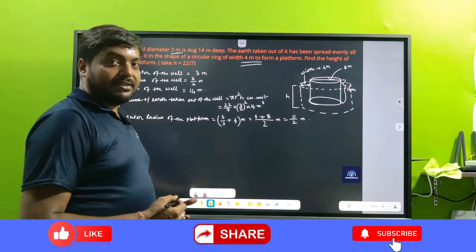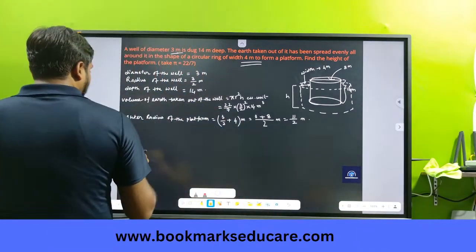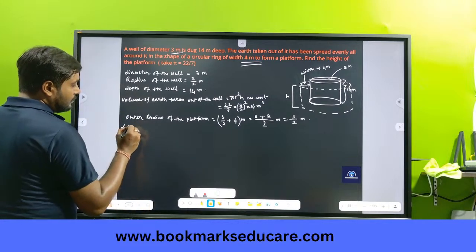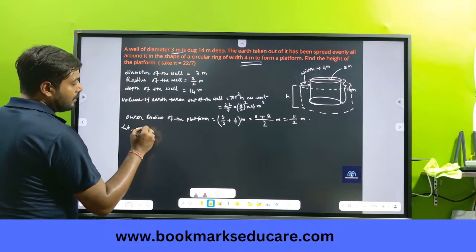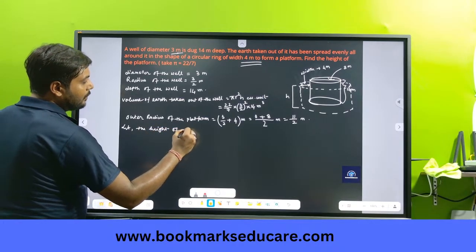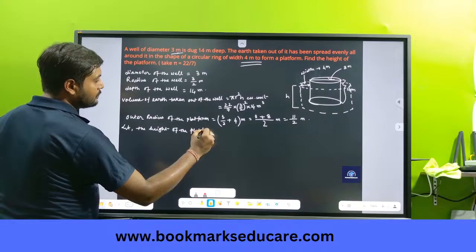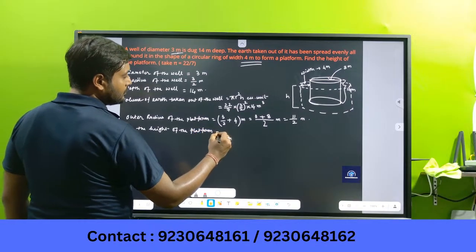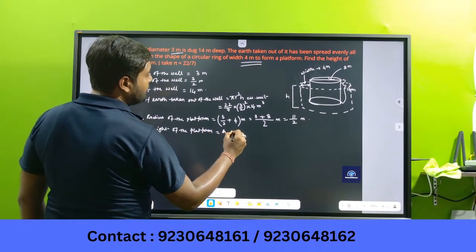So volume of material. Let the height of the platform be h meter.